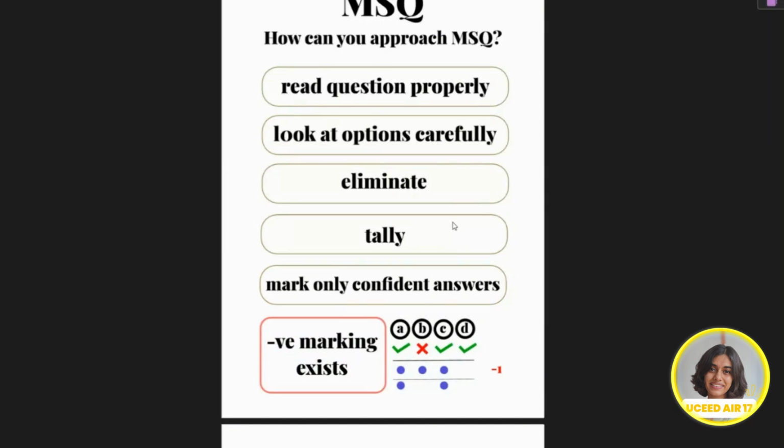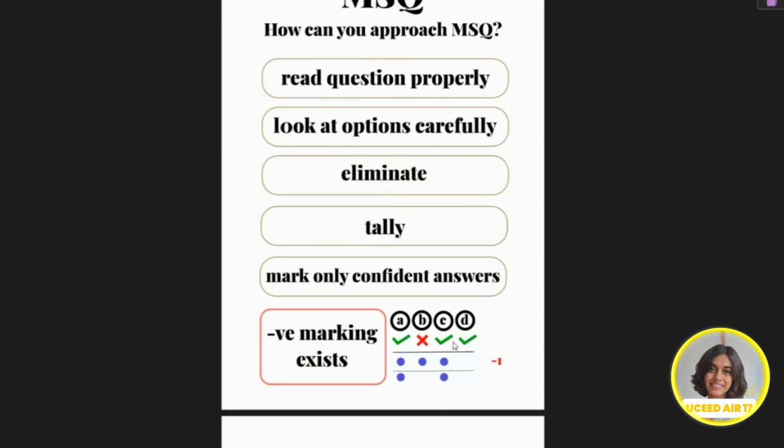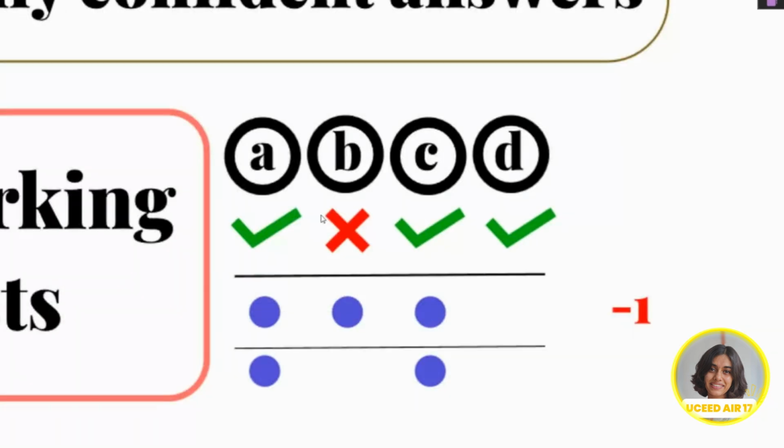And also, MSQ, very important thing, negative marking exists. If anyone doesn't know the system of what negative marking is in MSQs, let me tell you very properly. A, B, C, D are the options given.